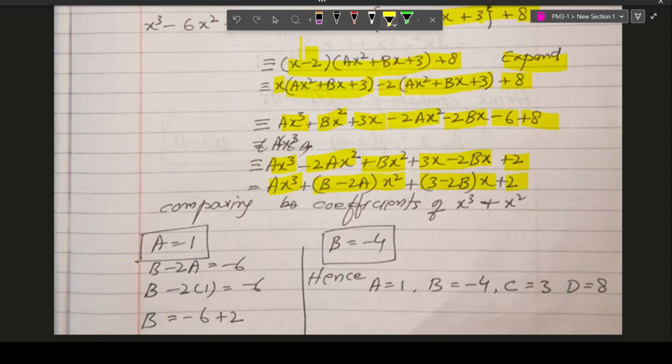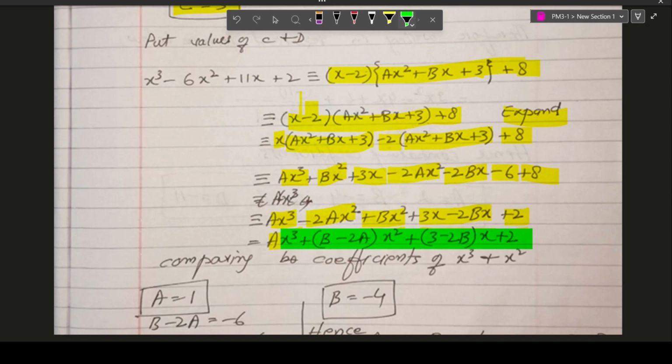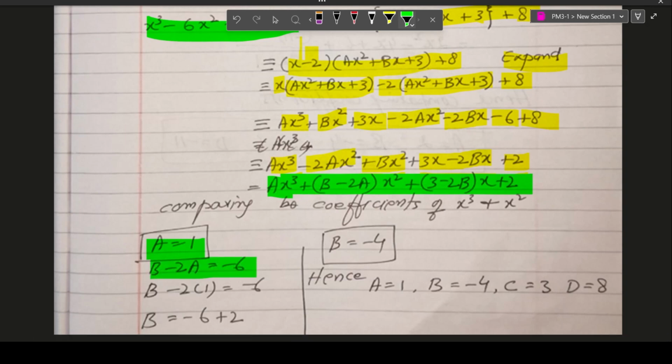Now compare the coefficients from the right hand side, from this side, with the left hand side over here. So you see a will be equal to 1. That's why we see 1. B minus 2 is equal to minus 6 if you compare here.